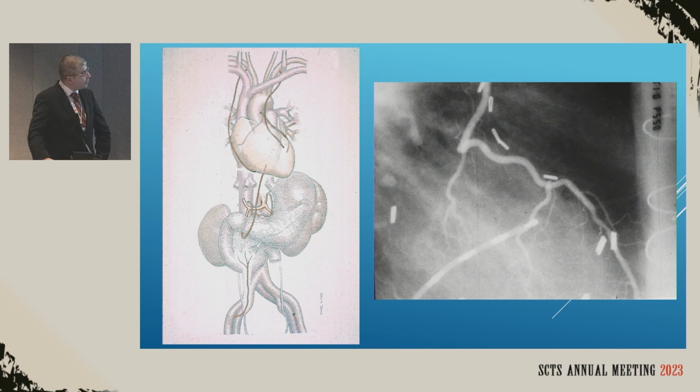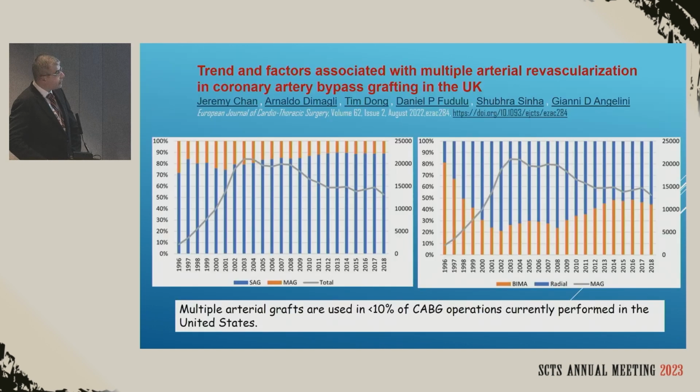This is a photo of one of Professor Angelini's grafts, and he told me that this was in his early days, and he was very keen, and we can see a sequential Lima graft to several territories. And most of us like to believe that we're all multi-arterial surgeons.